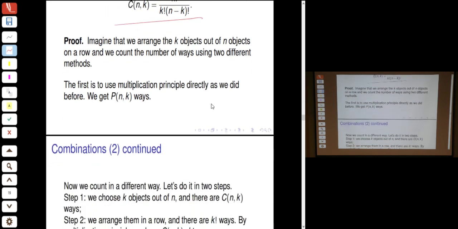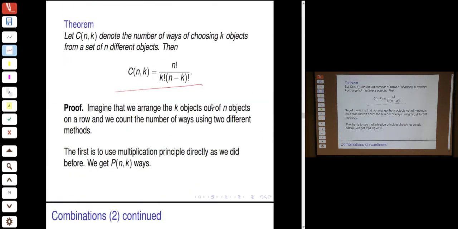The first is to use the multiplication principle directly. You just want to place k objects out of n total objects in a row. You think of the positions as placeholders, numbered 1, 2, 3, 4 up to k.